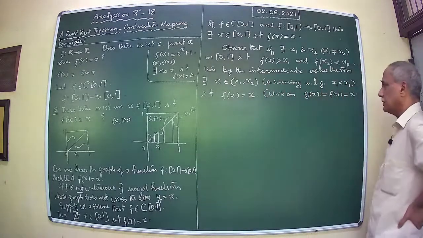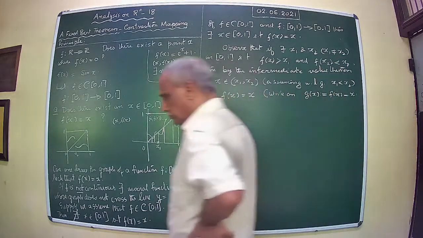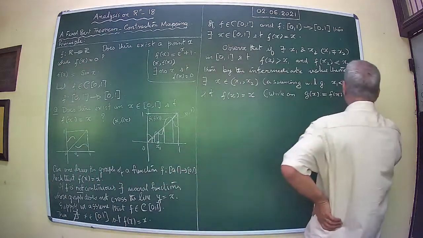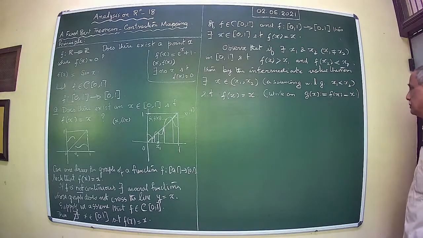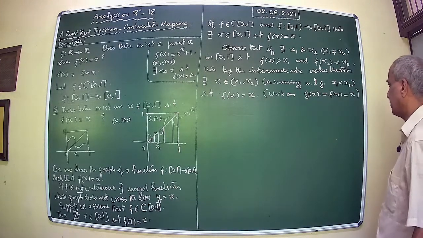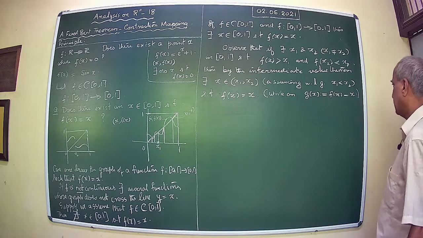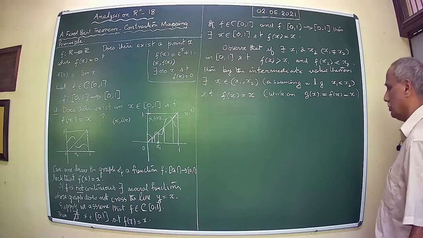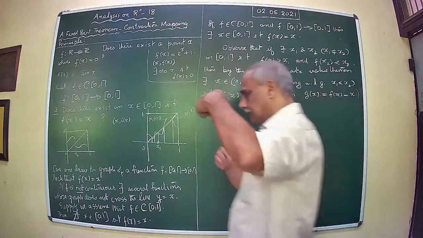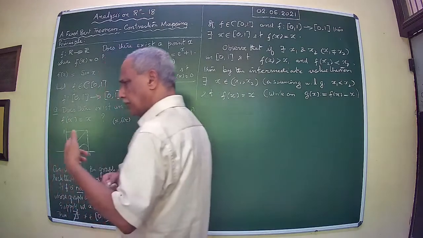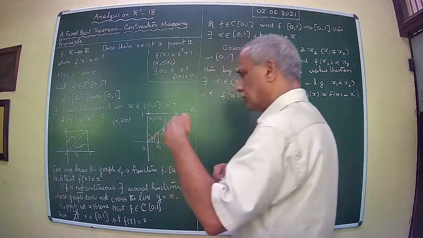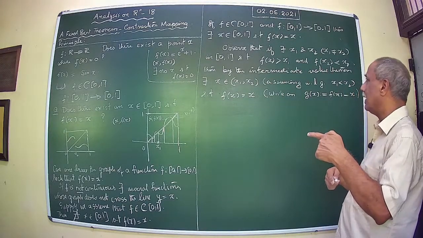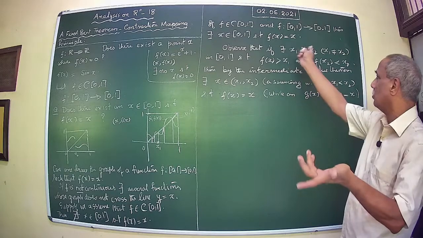Then it becomes a problem on the zeros of g. So you have g(x1) greater than 0, g(x2) less than 0, therefore there exists some point x in between. There may be several points, at least one point between x1 and x2 where the function takes the value 0, and that x turns out to be a solution of this problem.